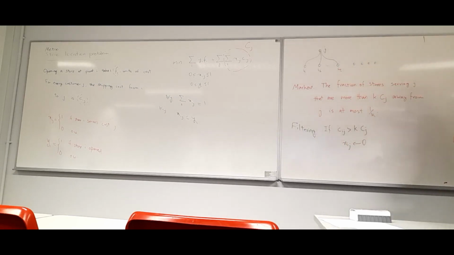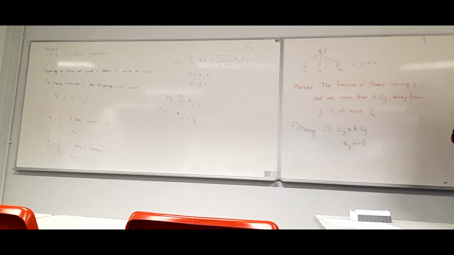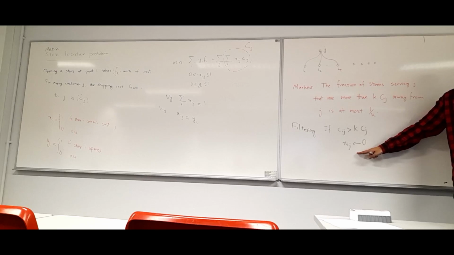So this means that I look at all of the places that were serving customer J, and I take the weighted average distance, and then I say any store that is more than K times the average distance from the customer, I don't want this store to serve this customer. And I set that to 0.